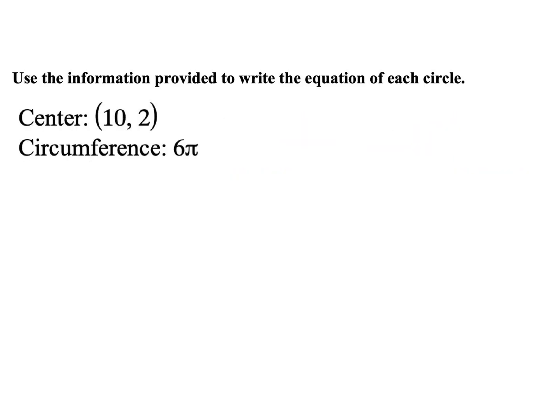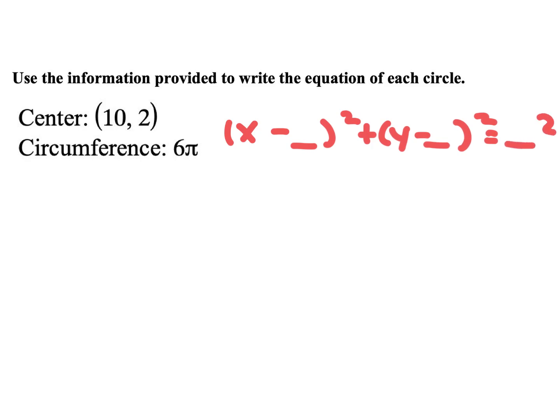For the next example, we start with our formula. So it's x minus the blank squared plus y minus the blank squared equals the radius squared. The x coordinate of the center is 10. The y of the center is 2.